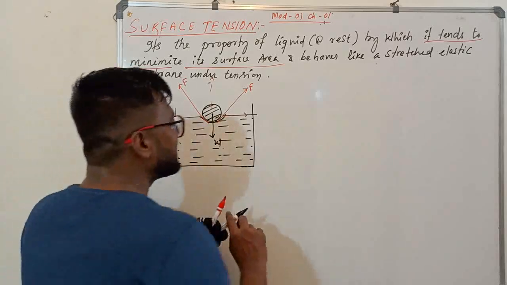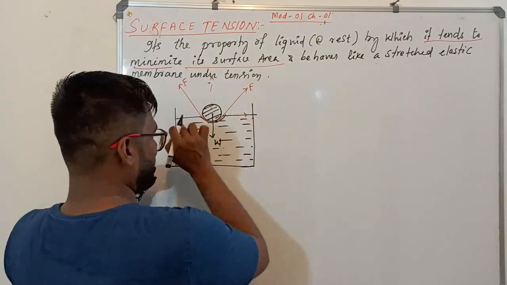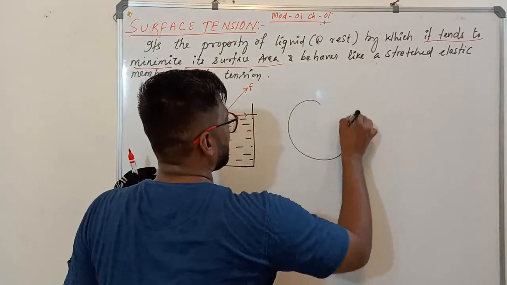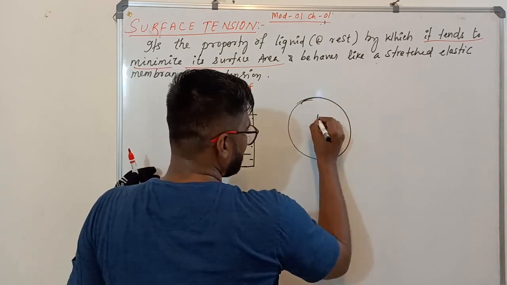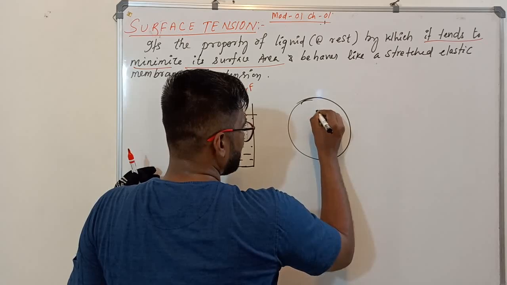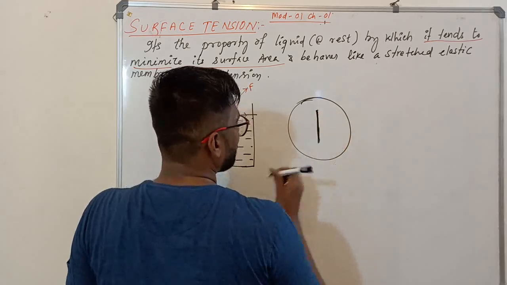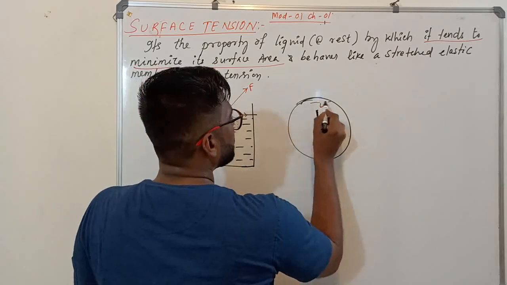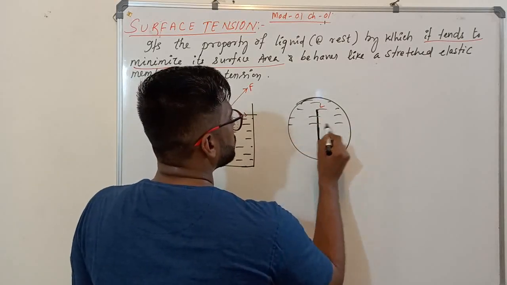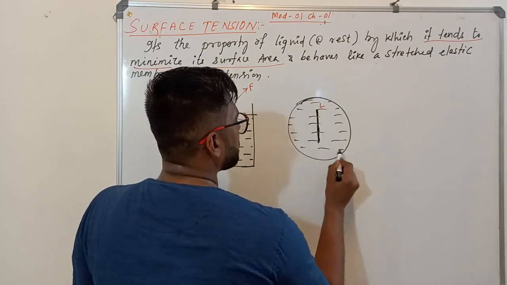Isn't it interesting? See, if I draw your surface top view, it will be like this, right? Let us say this is your needle, and the length of the needle is L. And everywhere around it you have liquid.